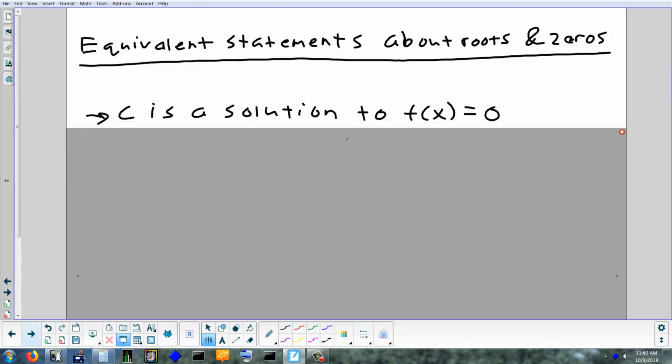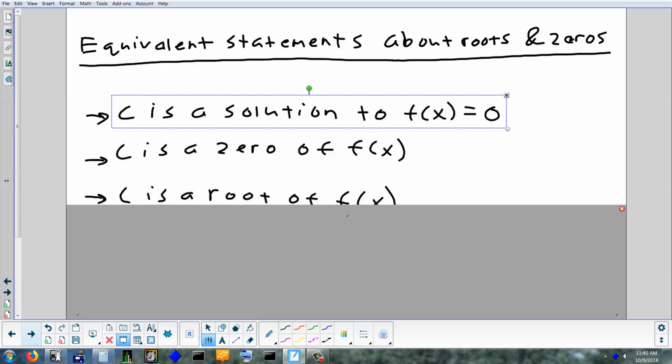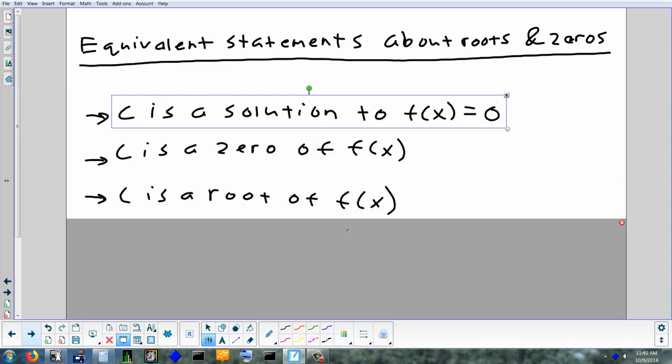And I'm going to call that number C. If you think you have a number that's a root, what that means is you plug it into your equation and the answer comes out to 0. Another way to say it is that the number is a 0 of the equation. That's the original way I said it to you.